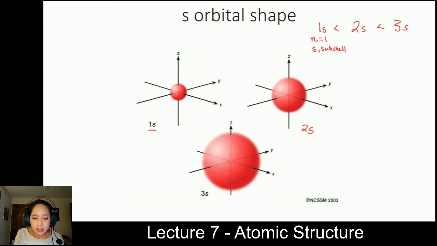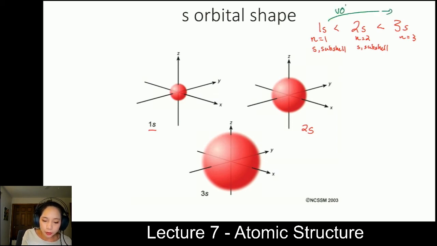A 2s is an n equals 2 electron in an s subshell, and 3s would be n equals 3 in an s subshell. We talked about this before: when our n number increases, the size or volume increases. You can see that here, our volume increases as we increase our n value for each of these s orbitals.